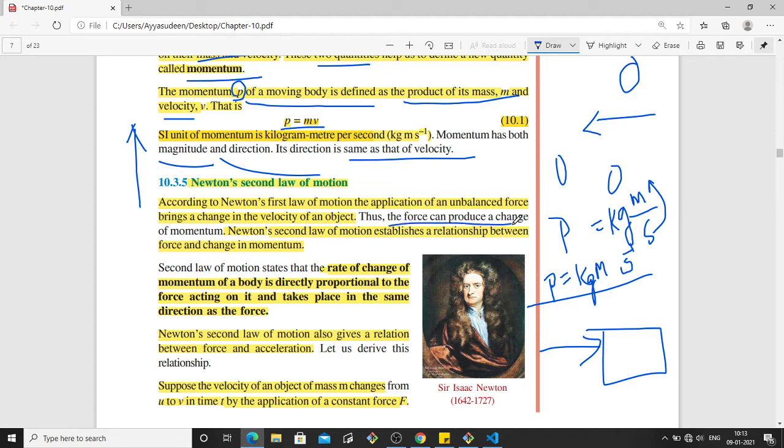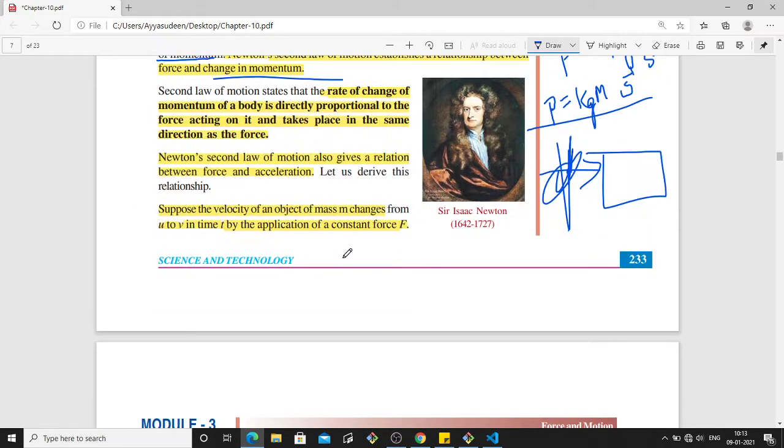Thus, the force can produce a change of momentum. So when you apply some force, it can produce a change of momentum. How does the momentum change? Newton's second law of motion establishes a relationship between force and change in momentum.